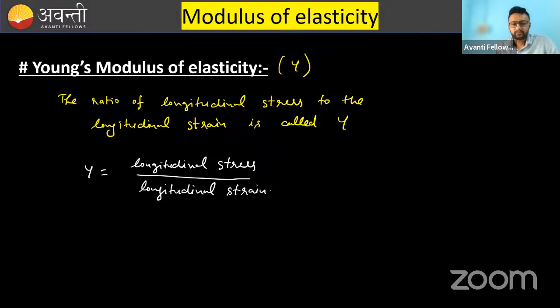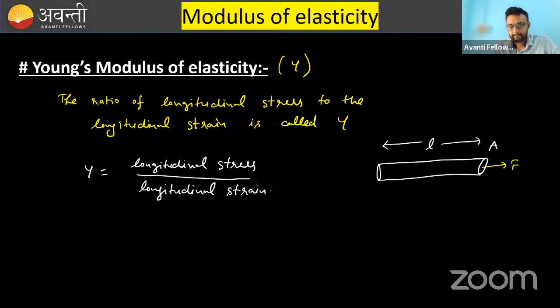Now consider a situation like this. This is a rod of cross-sectional area A, length L, and a force F is applied on it to produce the stress in it.